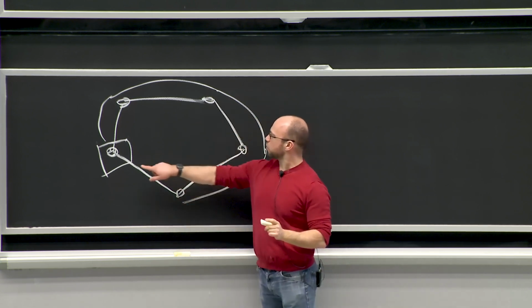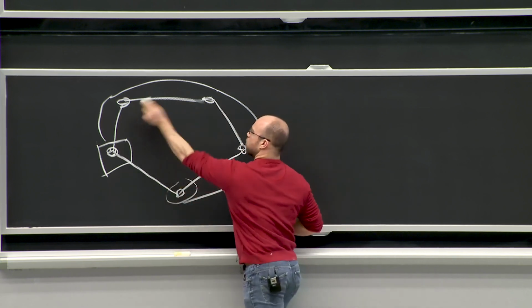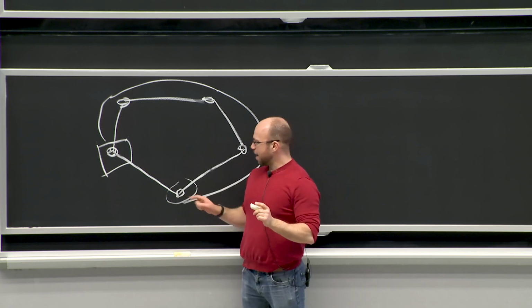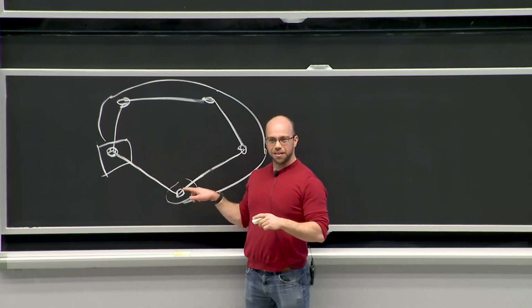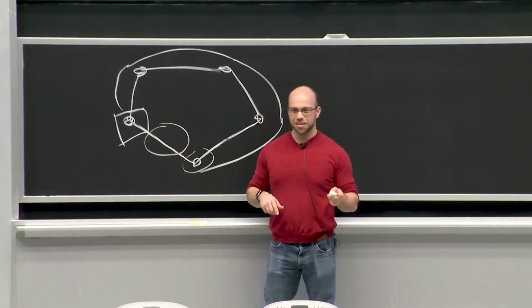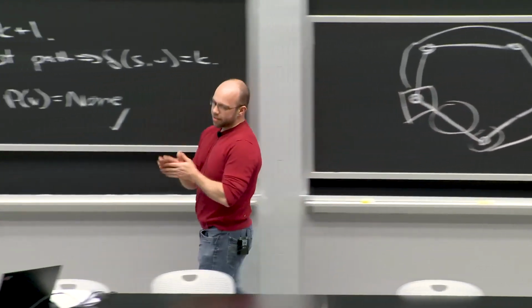So when I get to this vertex, there's a chain of 1, 2, 3, 4 vertices behind it. Is that the shortest path from the source to the target here? Well, clearly not. I could have traversed that edge. I just chose not to.